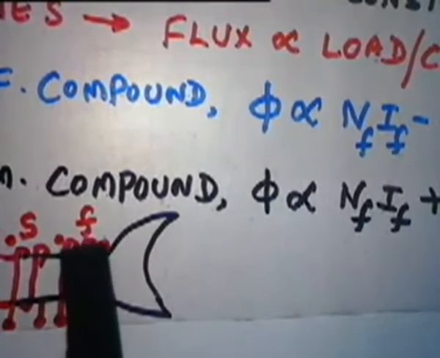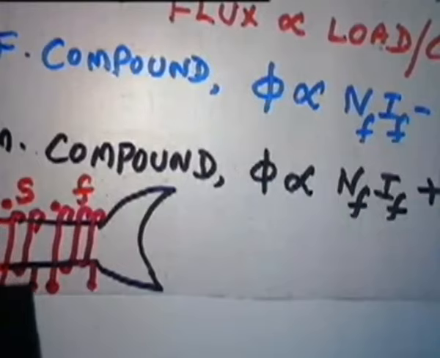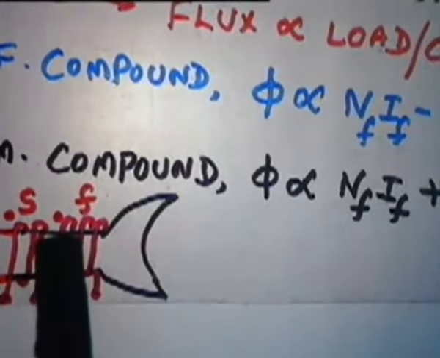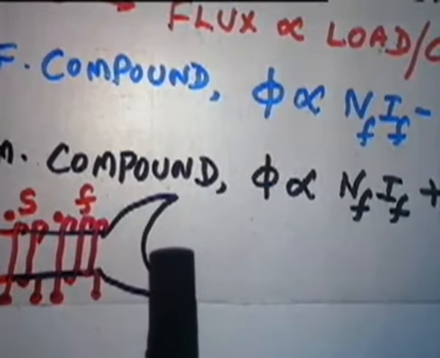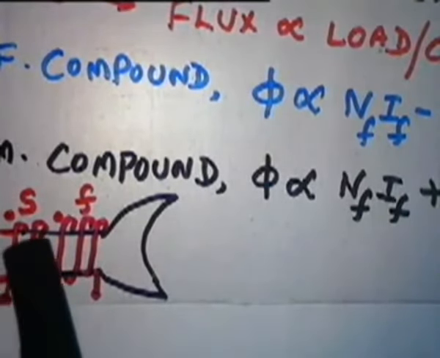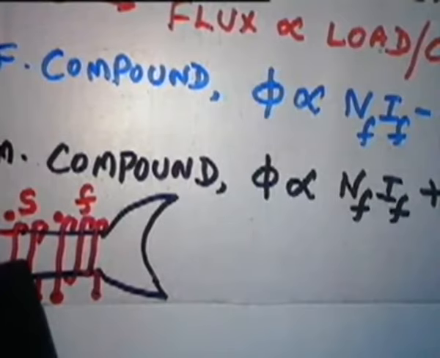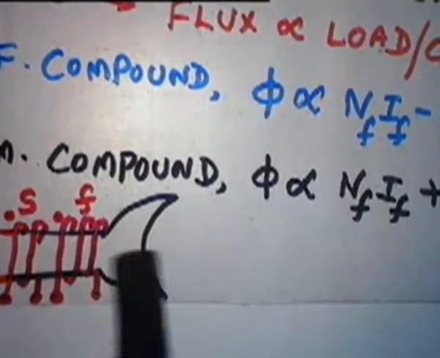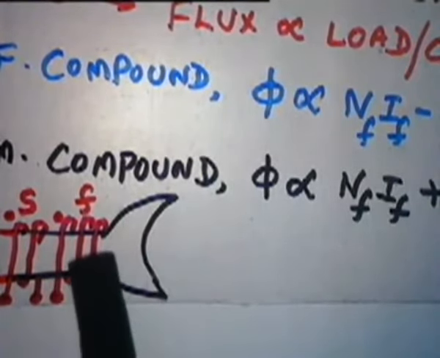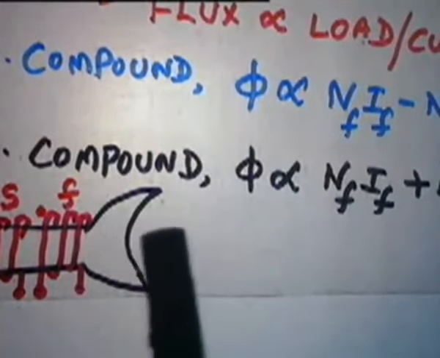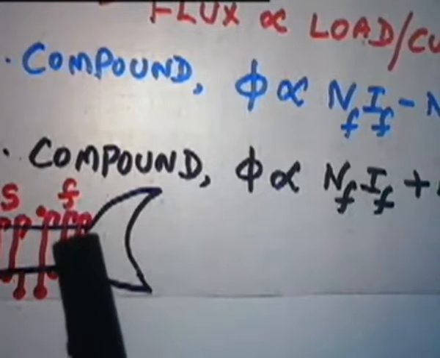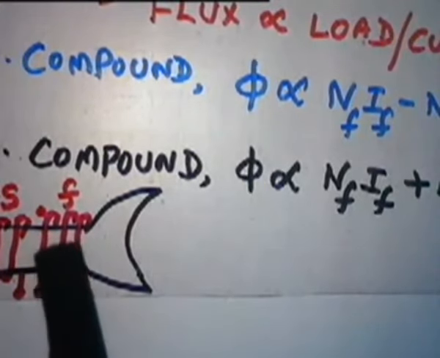Now for this direction shown, if the current enters in the series and shunt like this, the flux produced by them will add. But if the series winding is carrying current in the opposite direction, as in a differential, the flux produced will be reduced. So the net MMF on the magnetic circuit will be the sum or difference of the MMFs produced by each.